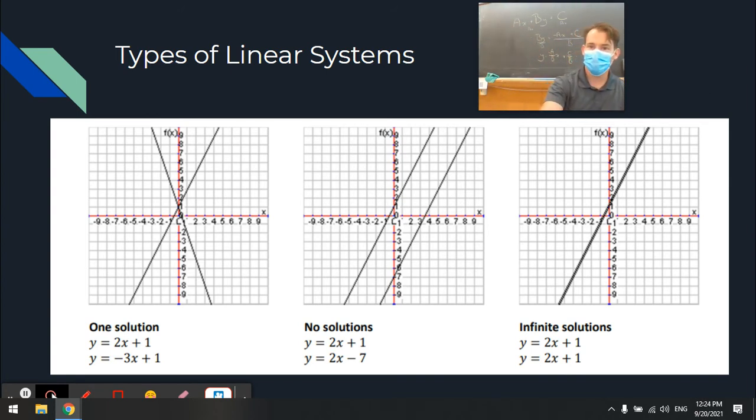Infinite number of solutions, that's this. 0 solutions, that's this. And 1 solution will always look like lines that have different slopes. Even if the two slopes are only barely different, they still will converge and touch at a point and then diverge again. There will always be one intersection when their slopes are different. It's only when their slopes are exactly the same that you get the other two situations.